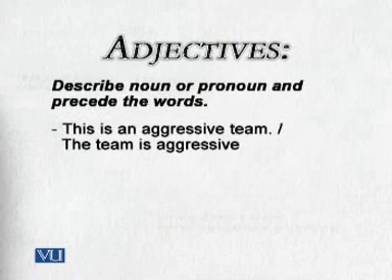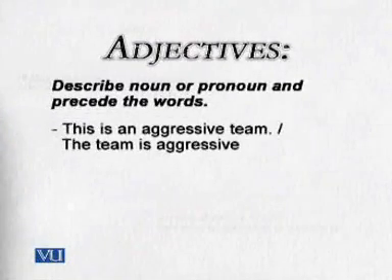You can say these are value words for your nouns and pronouns. For example, if I say, this is a team, or I say, this is an aggressive team. Now, the word aggressive is an adjective which is further describing the quality of that team. So aggressive becomes the modifier of your sentence. This is an adjective modifier.